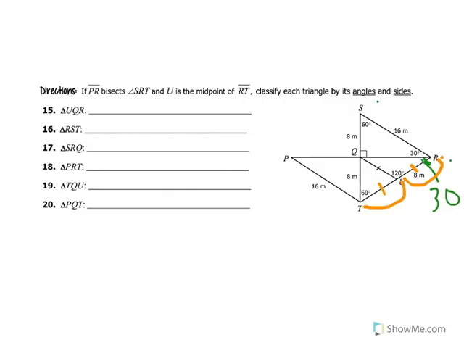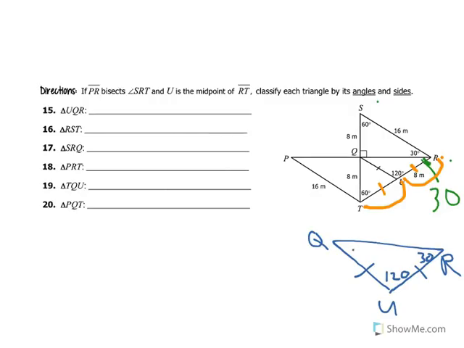So the first one is triangle UQR. I'm going to draw it outside the picture, U, Q, R. We know that those two sides are congruent. That angle is 120. This is 30.